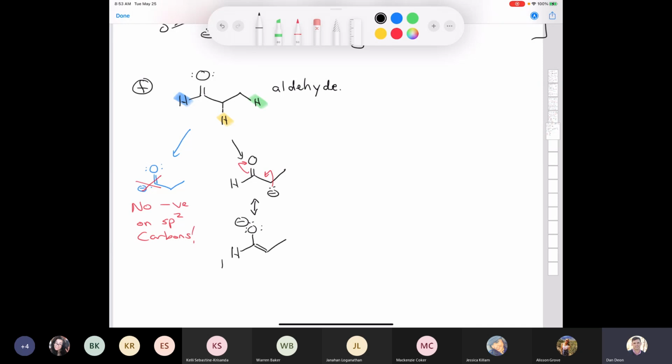If you remove the one in green, you've got this, but there's no resonance stabilization. So in terms of ARIO, the negative charge is on a carbon in each structure that we drew here, but you solve it using resonance. So the yellow one has a resonance contributor, and therefore it is the most acidic.